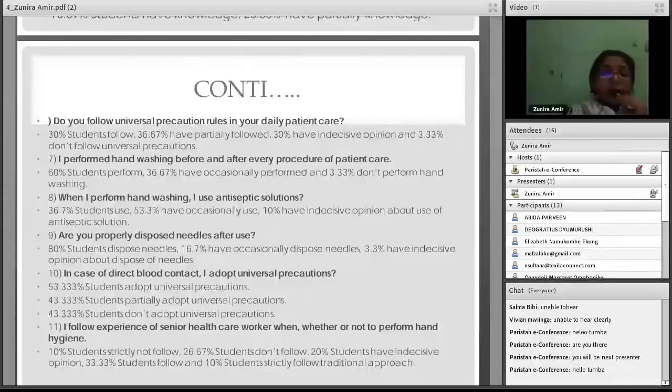3.3% do not follow universal precautions.